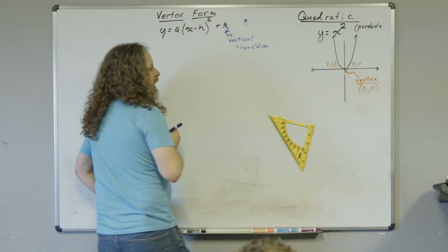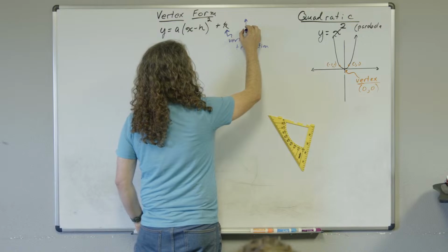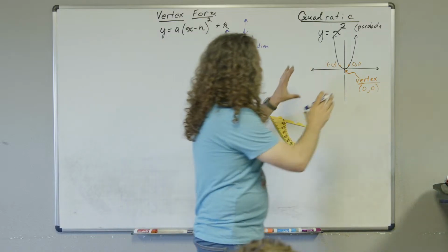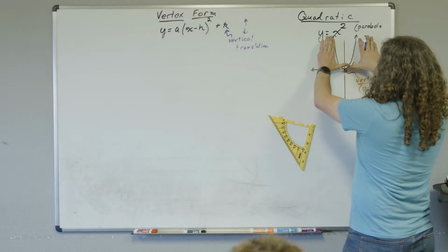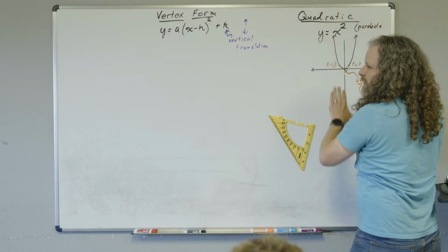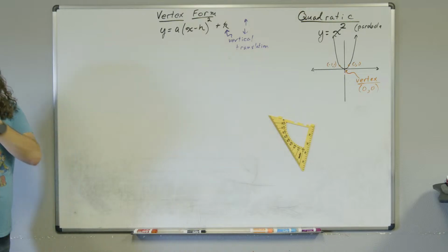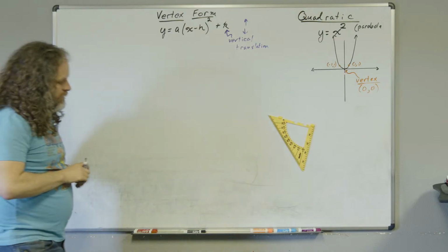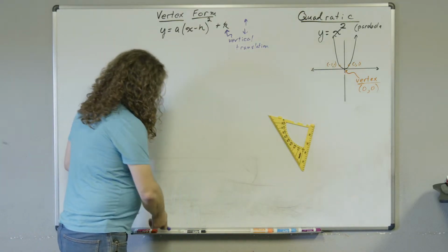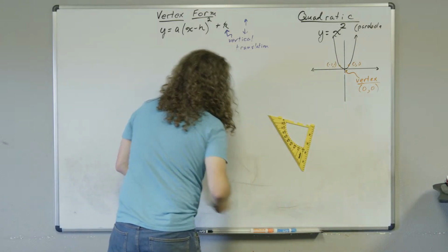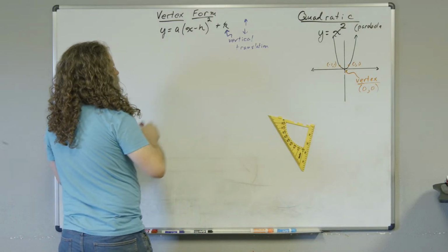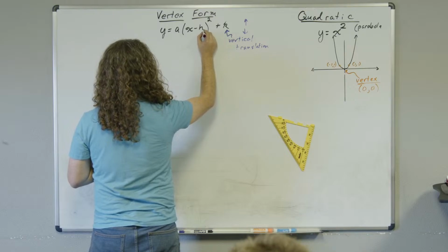If k was negative 6, then it would go down, right? So if we change the k, it takes this parabola and it moves the whole thing up or down. Make sense? Pretty easy peasy? Okay. The h is a horizontal translation.